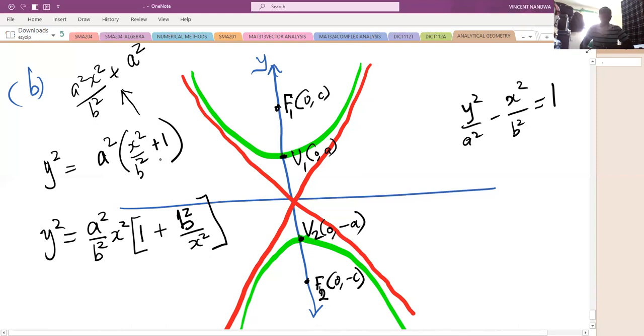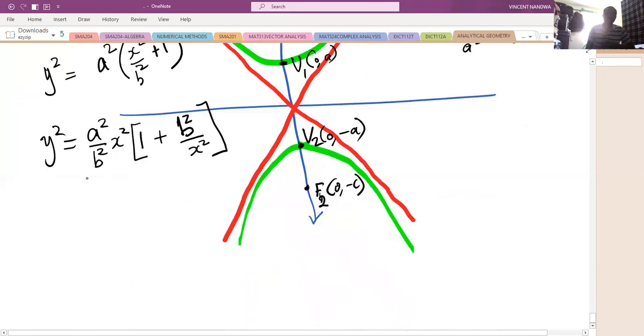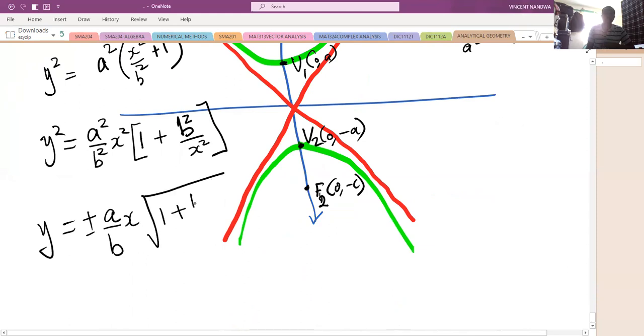So this and this have the same meaning. And to get y, you say square root on both sides will have y equals plus or minus a over b x square root of 1 plus b squared over x squared.